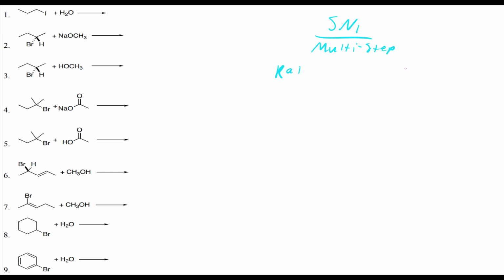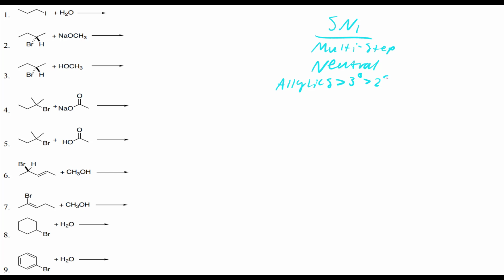So that's a multi-step process. It's unimolecular. And the most important thing that you have to know is that it's going to be neutral. It's going to be neutral, right? So in SN2 reactions, you had sodium hydroxide. Hydroxide is negative, but SN1 reactions are going to be working with neutral molecules, neutral. And very similar to SN2, allylics are super good, but very opposite to SN2, tertiary is going to be great.